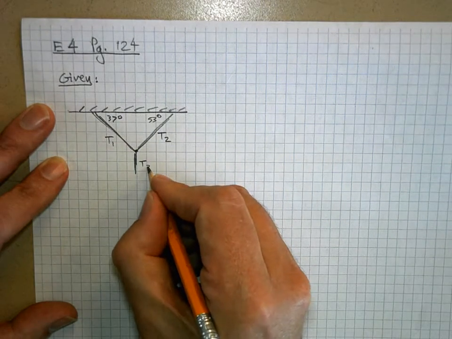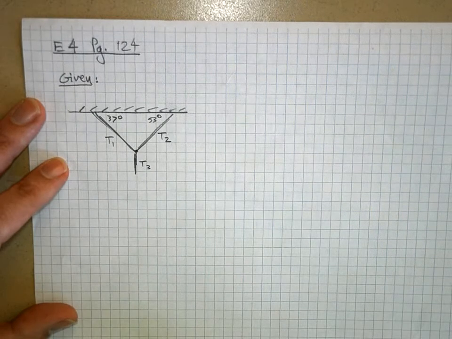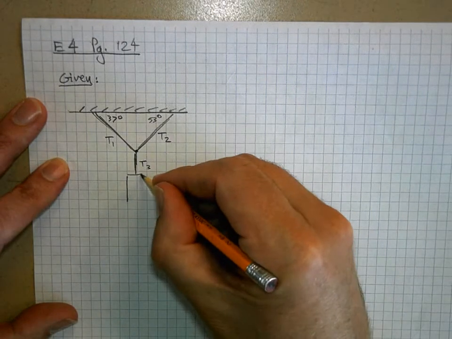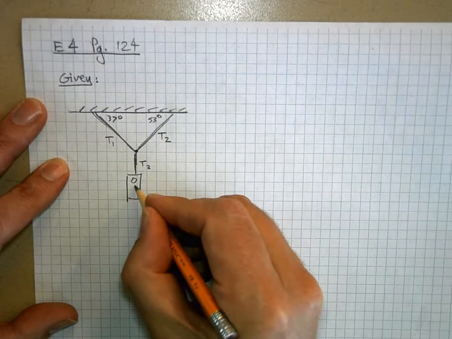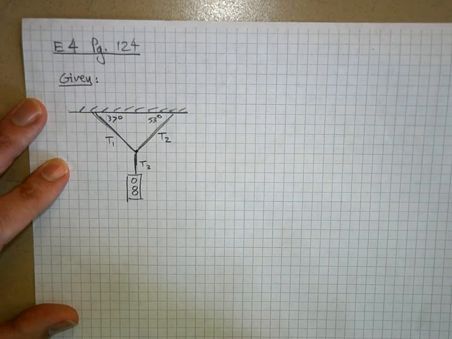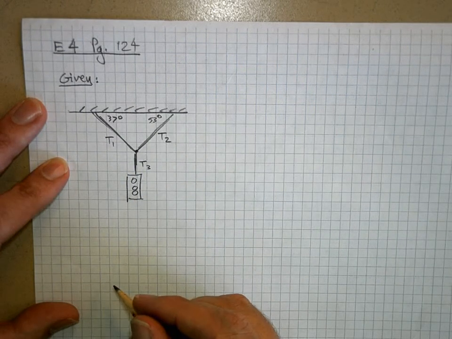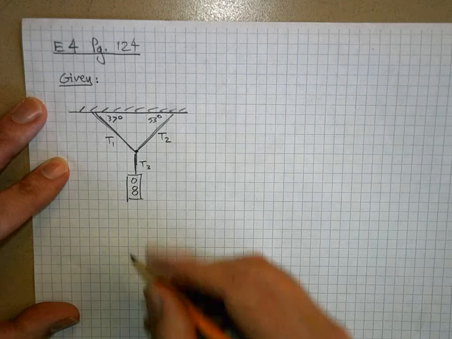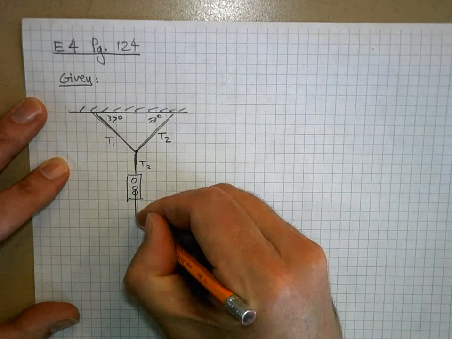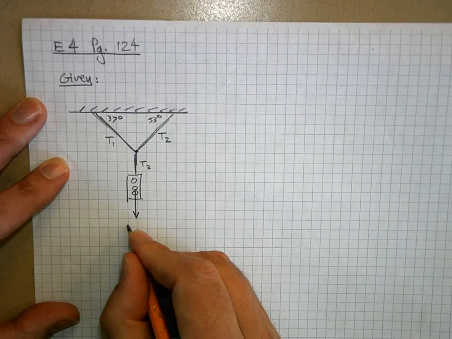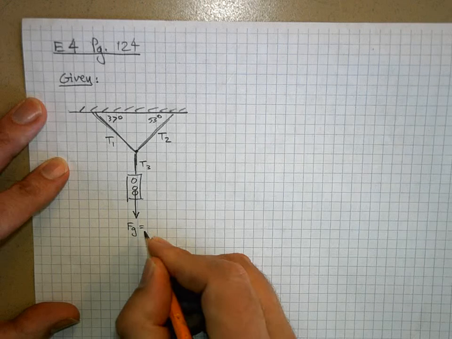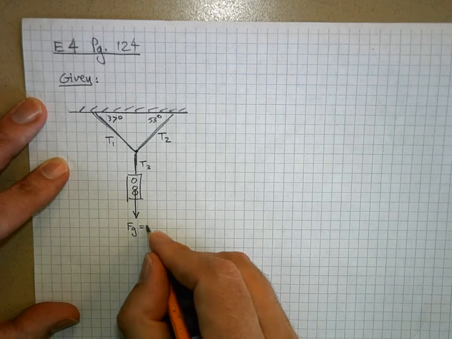Now these are tension forces. And then we've got this traffic light, hung from here, and it's given that this has a weight of 122 newtons. So I'm just going to say that the force of gravity is 122 newtons.